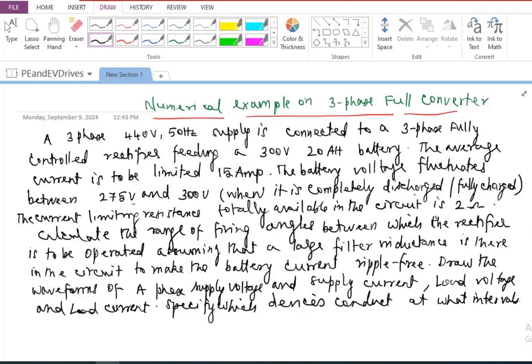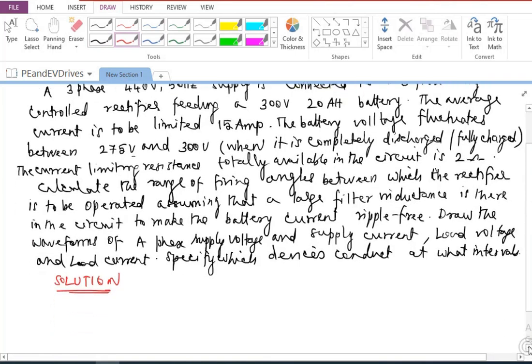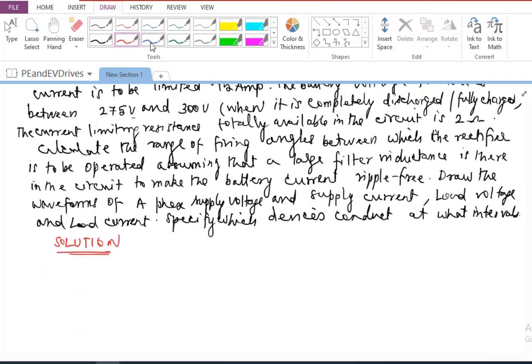So this is the problem statement. Now let us look at the solution. So first of all, let me draw the 3-phase fully controlled rectifier or full converter.